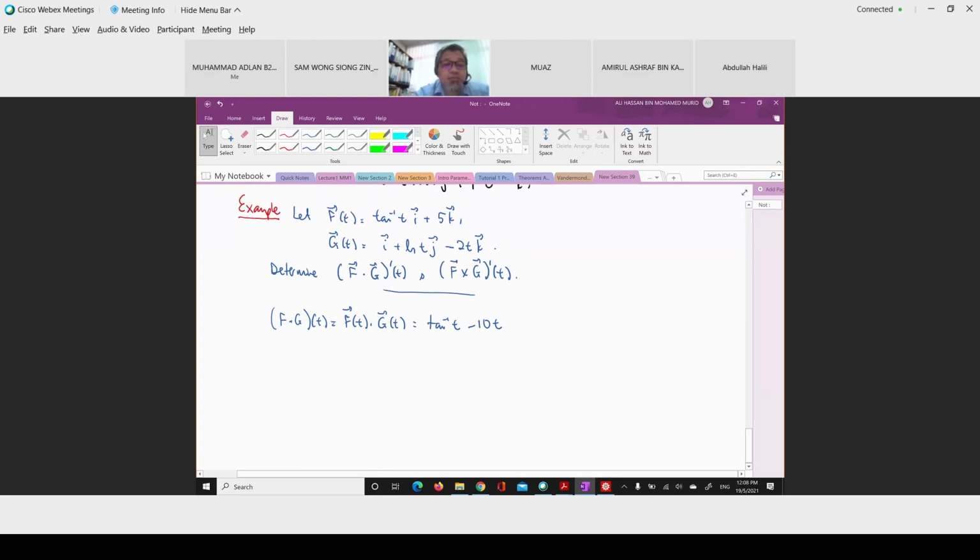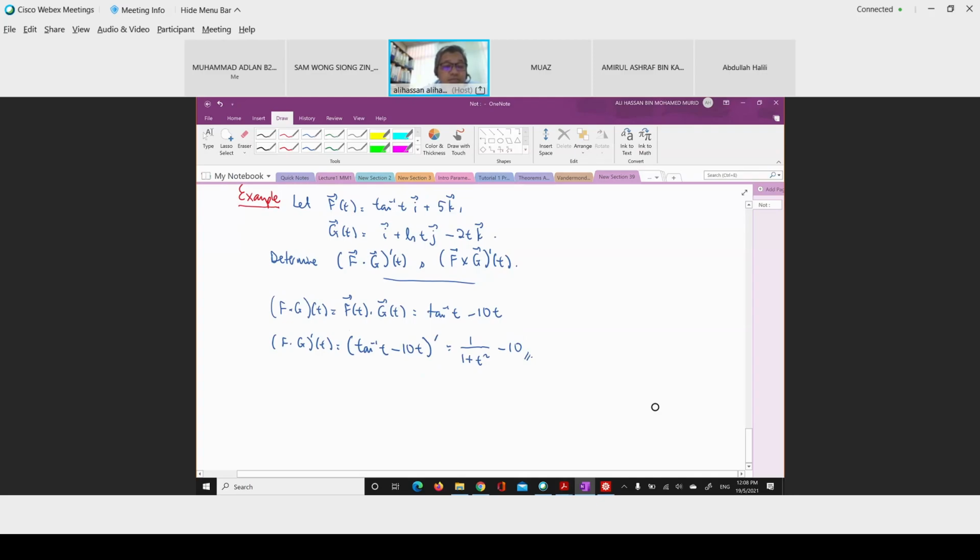Yes. Now we take the derivative. We differentiate this. The derivative of the inverse tangent of t is 1 over 1 plus t squared, minus 10. That is the result.